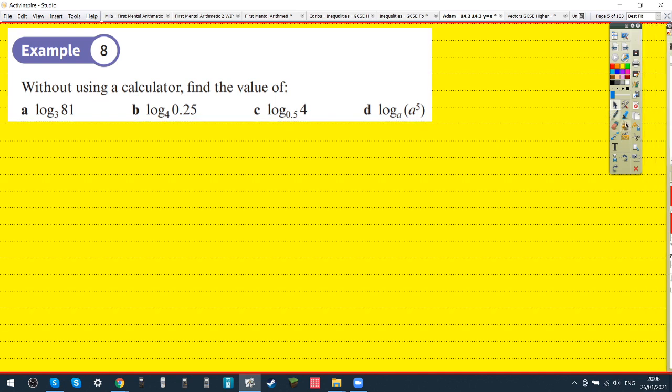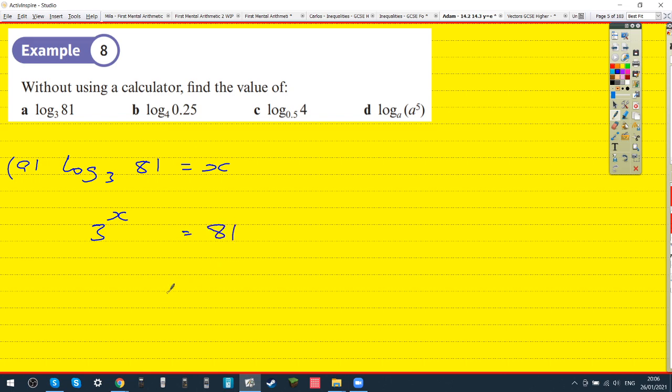If it helps, I would do log 81 base 3 is equal to x and solve for x. So is the base 3 the power, or is the x the power? X is the power, 3 is the base. So 3 to the power of x equals 81.